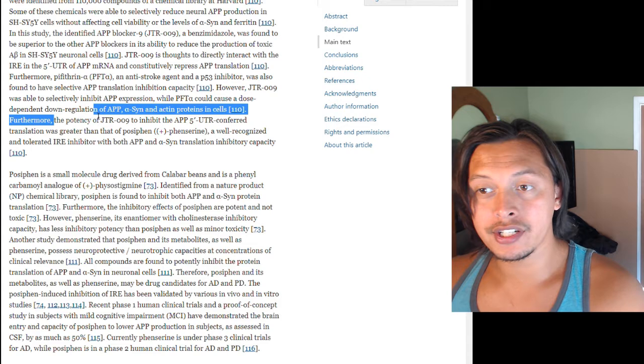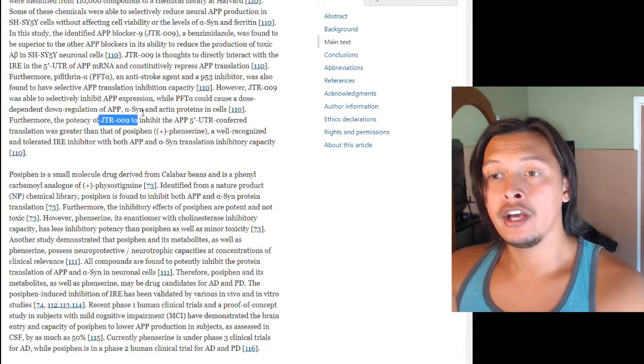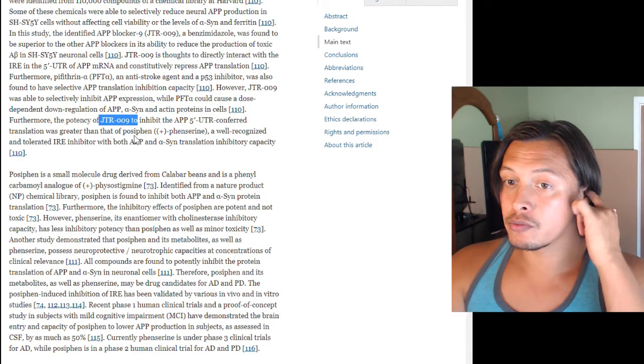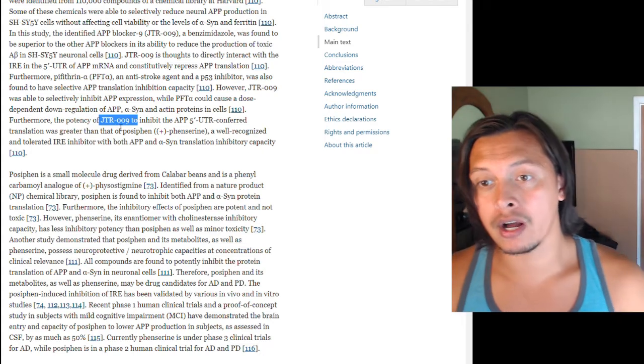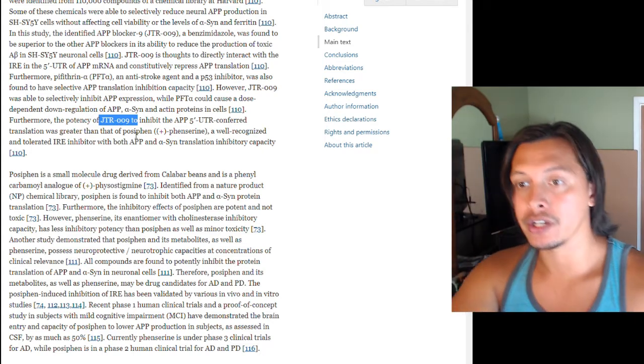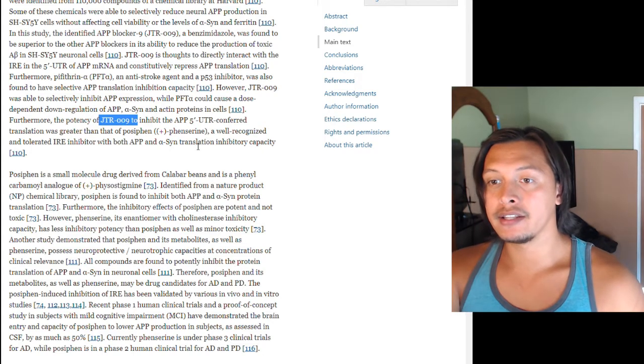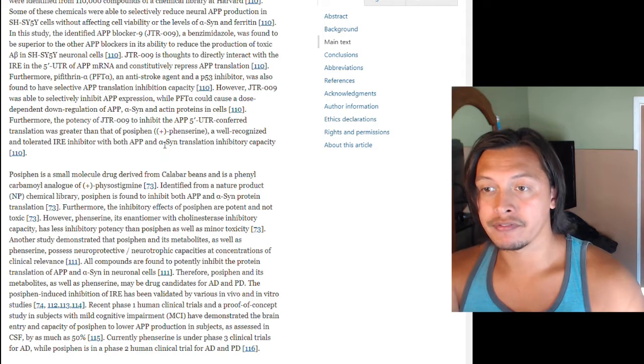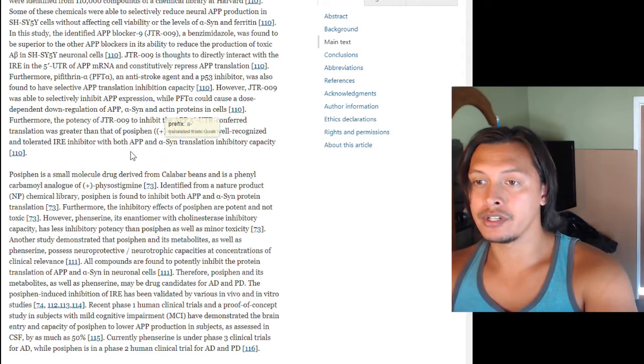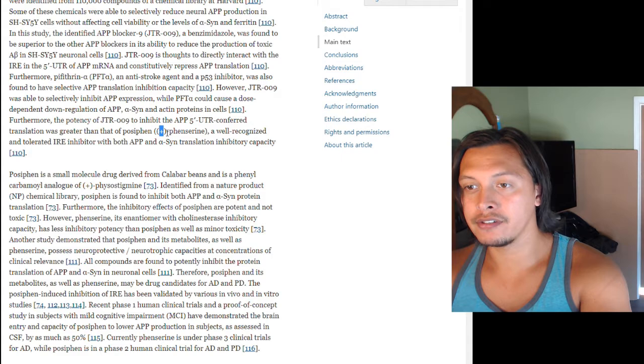So they're saying this JTR009, which is specific to APP, was greater, like it had more ability to inhibit translation than this less sensitive posifen, which is positive phenserine, which is probably where the name posifen comes from.